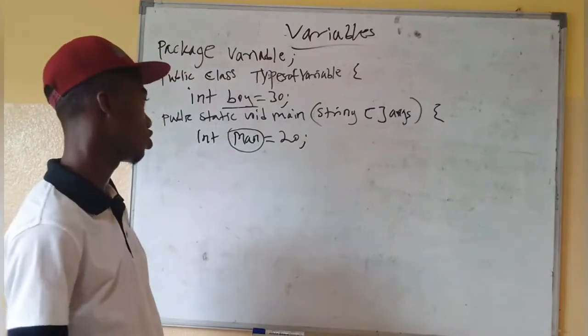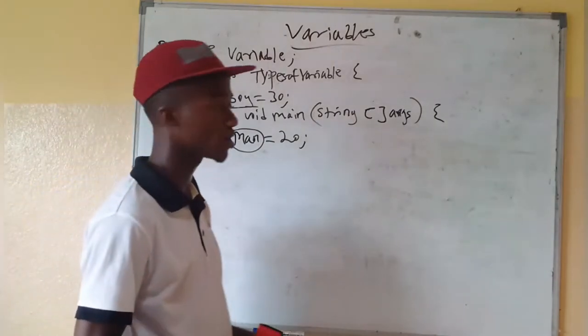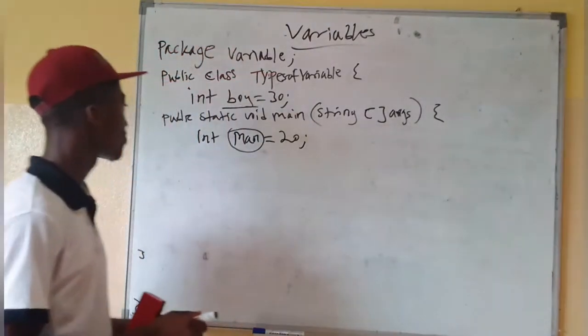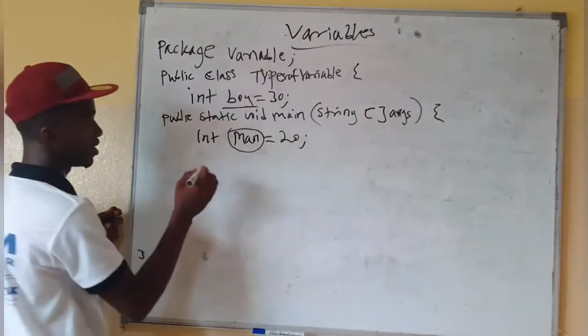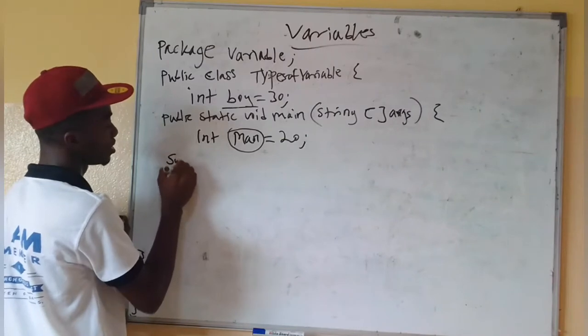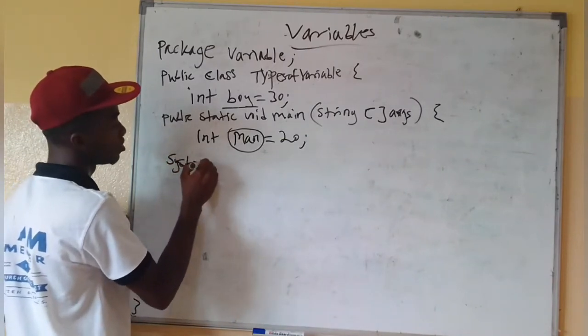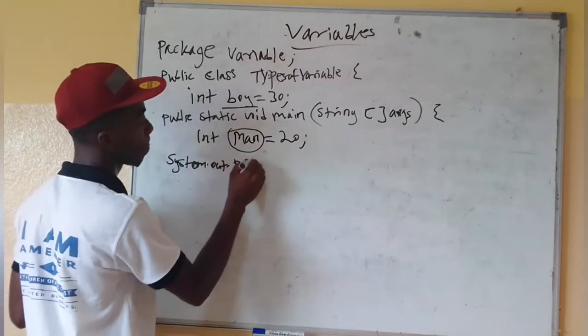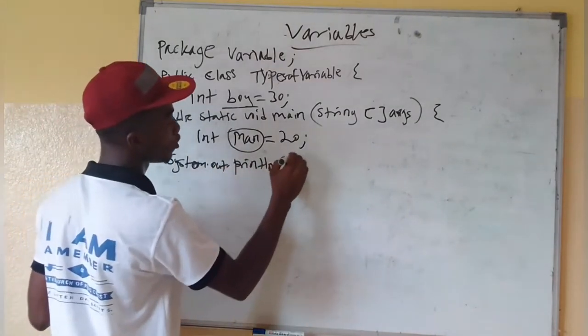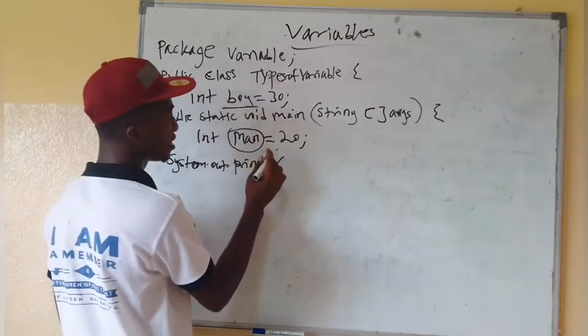That's like a constructor, right? Don't worry, in the next lesson I will be talking about constructor classes. Now, here we say we can have access to them directly. So we say System.out.println, parentheses, and then this parentheses now.